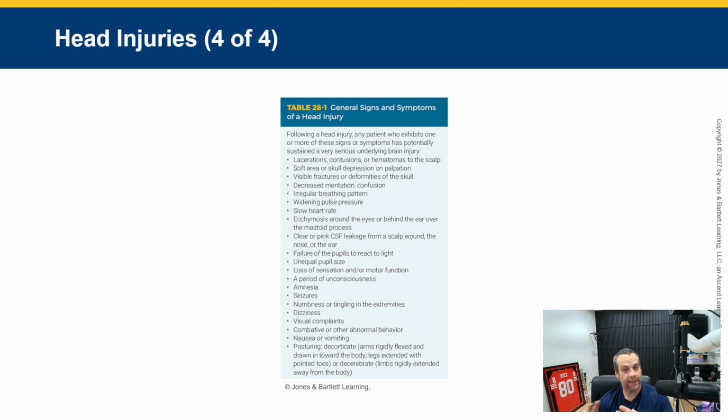You can have breathing and circulation changes: irregular respirations, slowing heart rate, widening pulse pressures. Those are all specific concerning issues that could occur due to a head trauma. But really, following a head trauma, just one significant neurological change is enough to indicate that there's a serious injury beneath the surface of the skin.